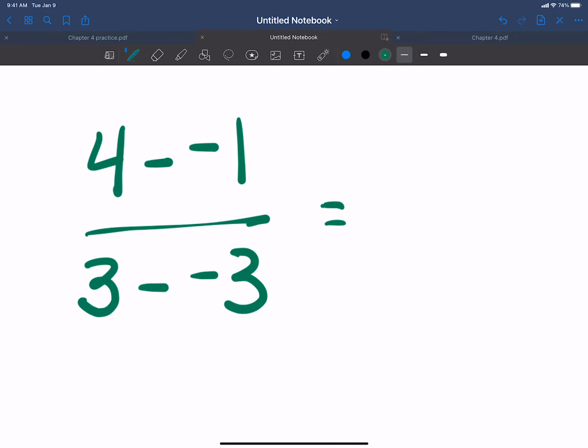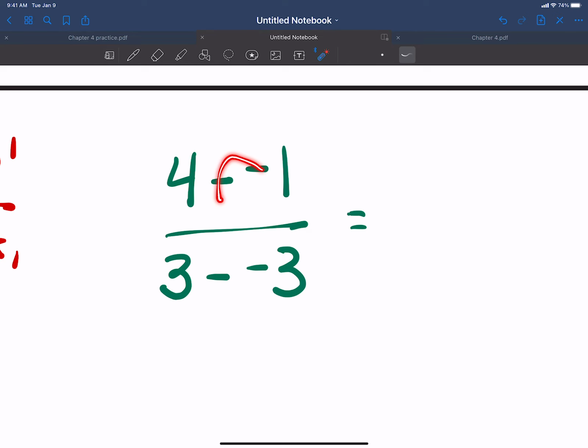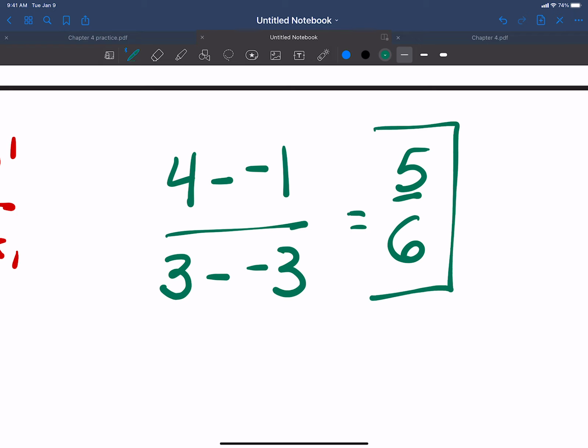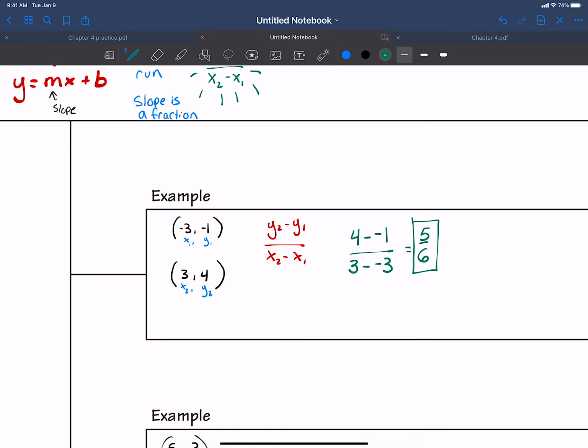Now just solve it. These are double negatives, so we just turn them into pluses. 4 plus 1 is 5. 3 plus 3 is 6. That is your slope, 5/6. Okay? And that would be a positive slope.